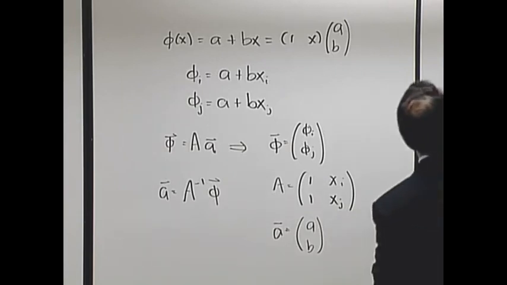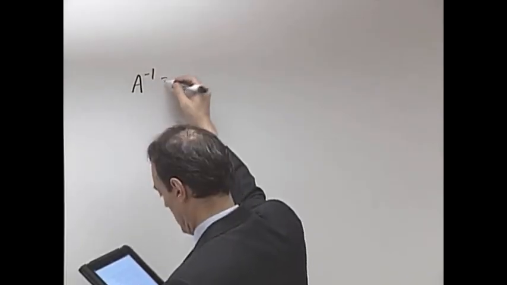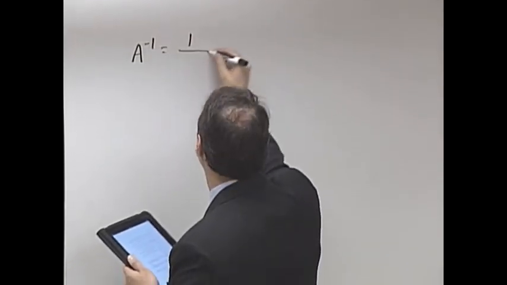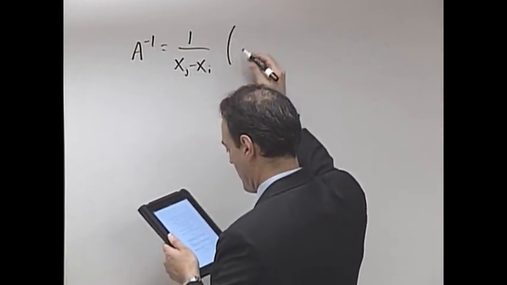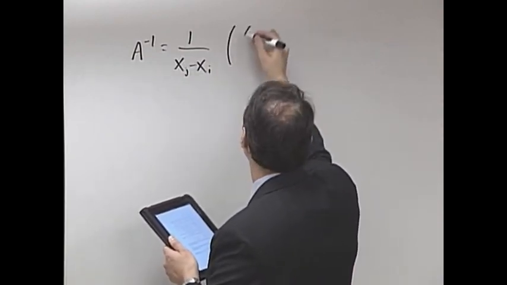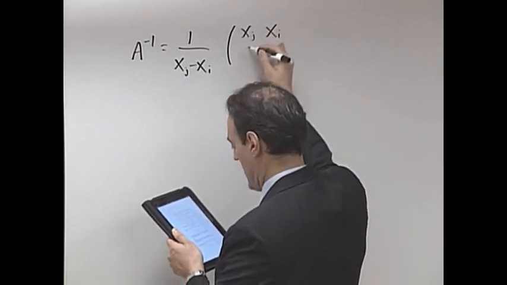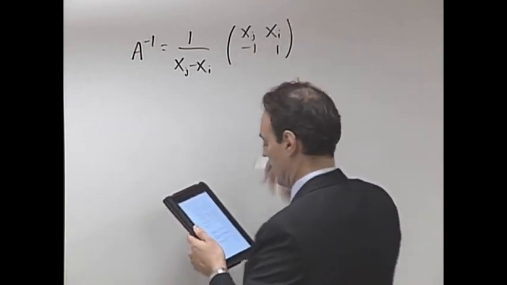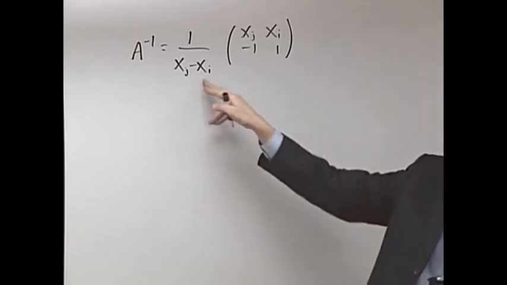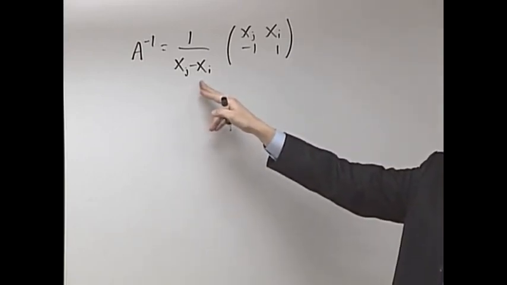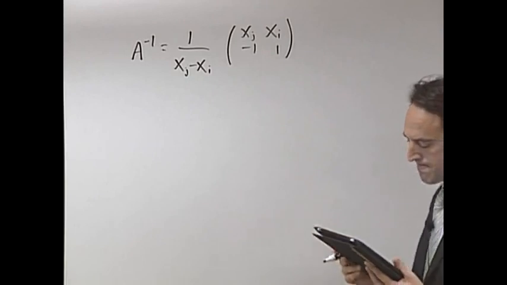Its inverse is equal to 1 over xj minus xi, xj, xi, negative 1, 1. I'm going to call this distance between xi and xj L.